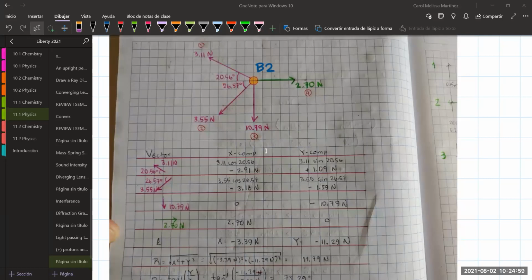Also, this one is the second angle that I got, okay? And I put all the values in it. Once I have all that, I start drawing my table of components. Remember, my table of components has vector, x component, y component.